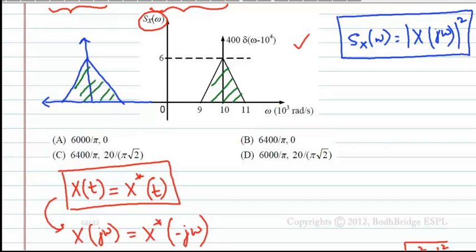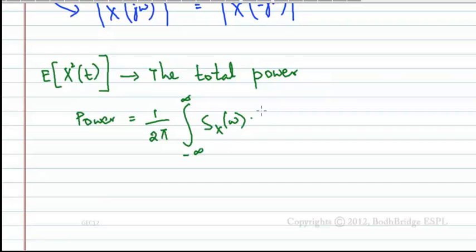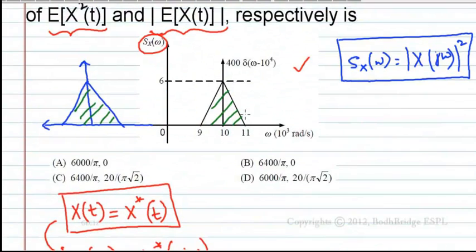Therefore, power is equal to 1 by 2 pi integral from minus infinity to infinity Sx of omega d omega. Right. Integration is nothing but area.